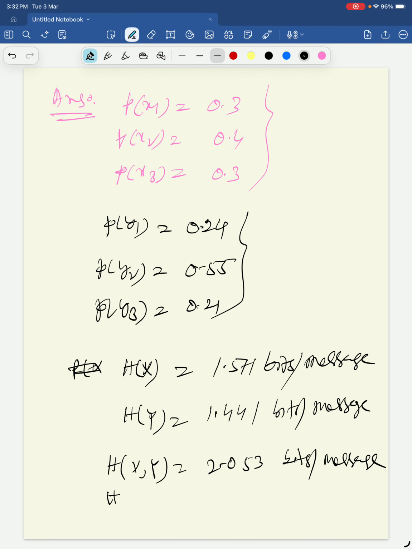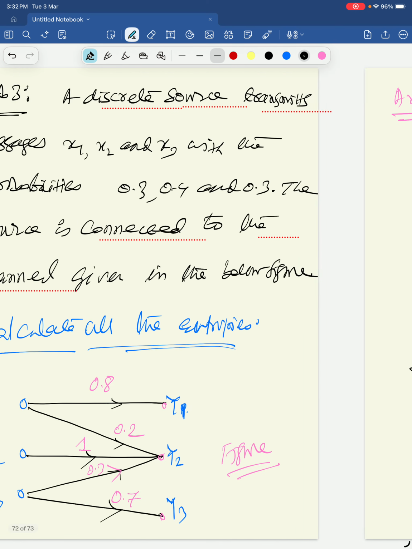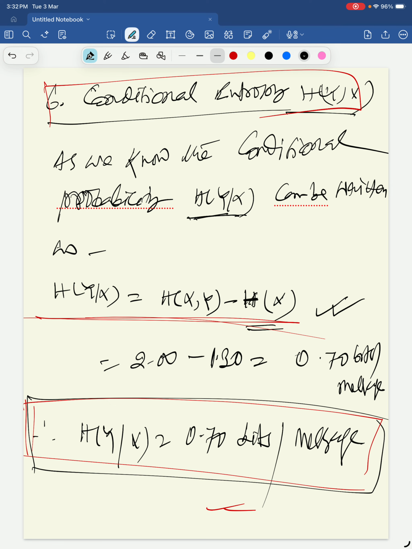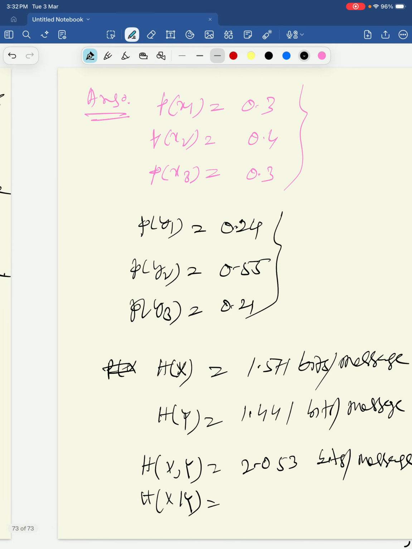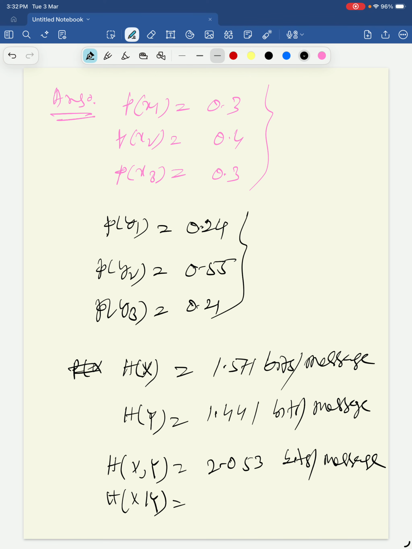Conditional entropy H of X given Y is 0.612 bits per message, and H of Y given X is 0.482 bits per message.